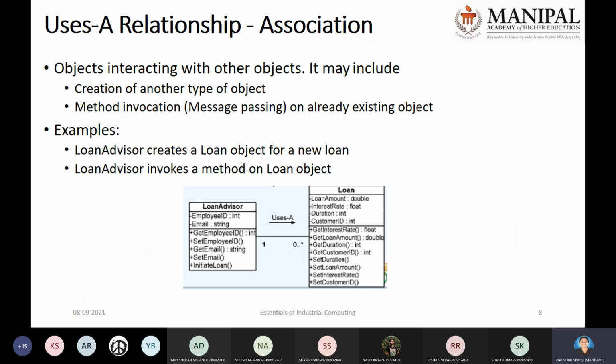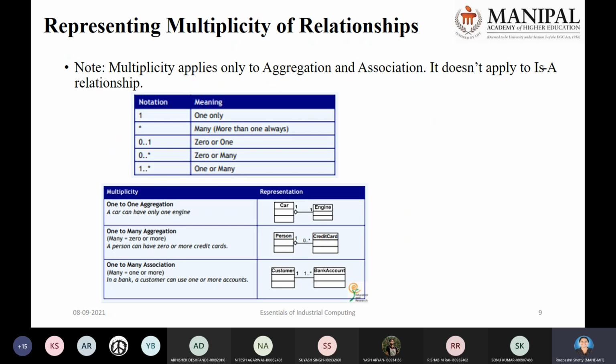Next, you have "uses a" relationship. It is a kind of interaction between the classes. One loan advisor could contact any number of loans based on the conditions to give a loan to the customer. Next, the multiplicity.